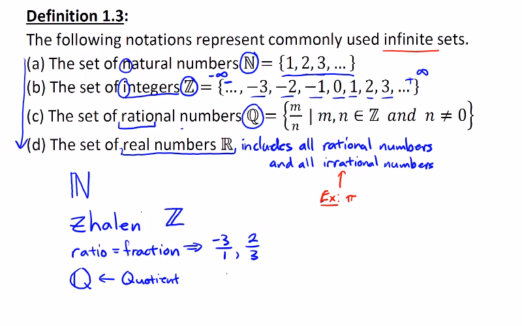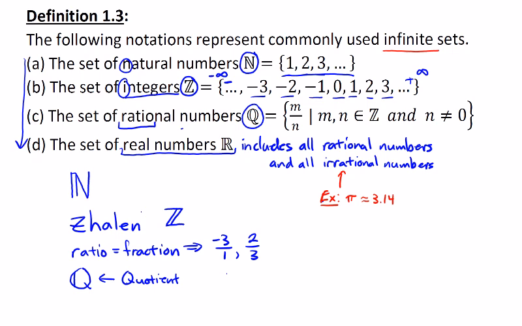Pi is approximated as about 3.14, but the decimal for pi never ends. It's non-terminating, never ends, and there's no pattern, there's no repetition to it. So if there's no repetition to it, no pattern, then it's not possible to write it as a rational number. So it's considered an irrational number.